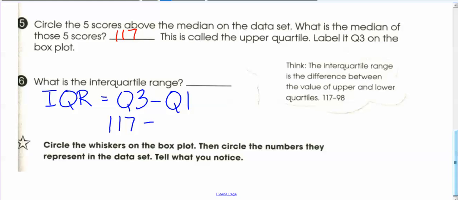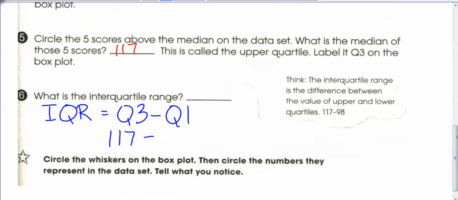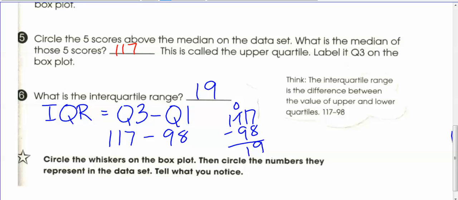And quartile 1 was 98. So 117 minus 98 is a difference of 19. So the IQR is 19. That's just a matter of subtracting. And then down here it says circle the whiskers on the box plot. No, we're not doing that.